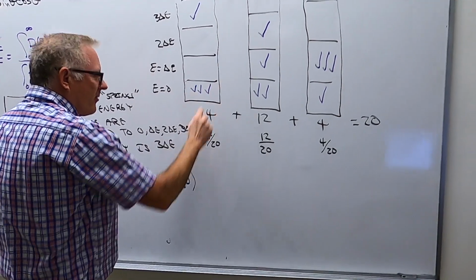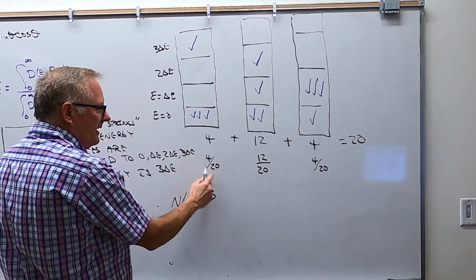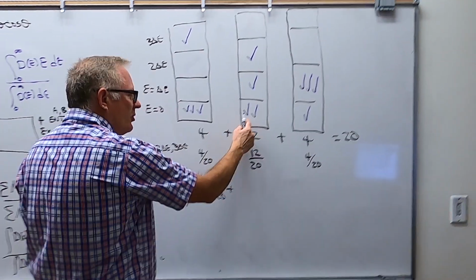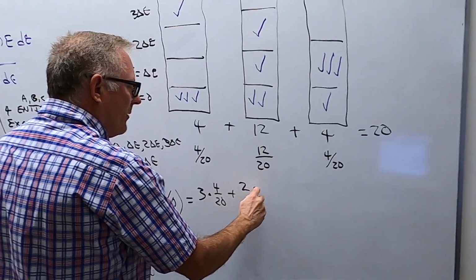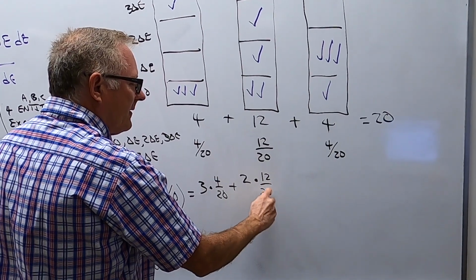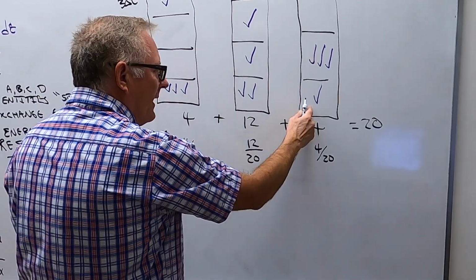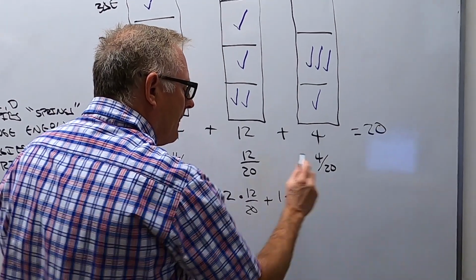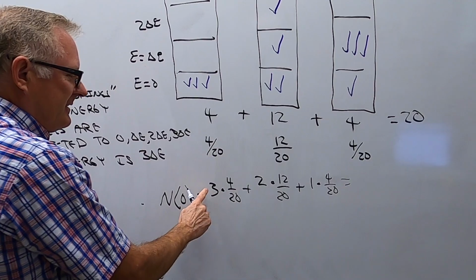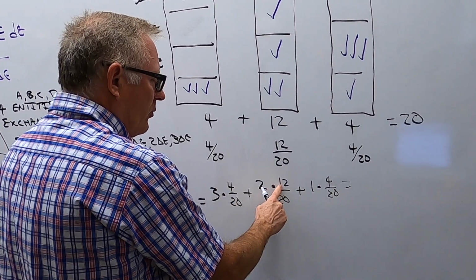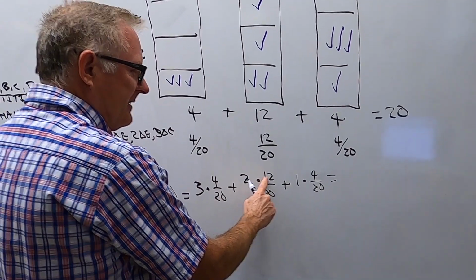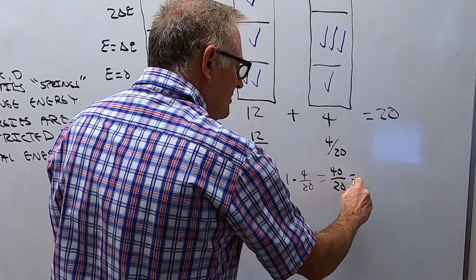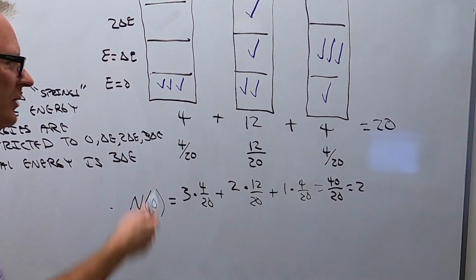Well, I've got 3 of them here with a probability of 4/20ths, plus 2 of them with a probability of 12/20ths, plus 1 of them with a probability of 4/20ths. Well, if I multiply all this out, this is 12 and 24, that's 36, and 4 more, that's 40 over 20, which is 2. On average, I should see 2 in this box.